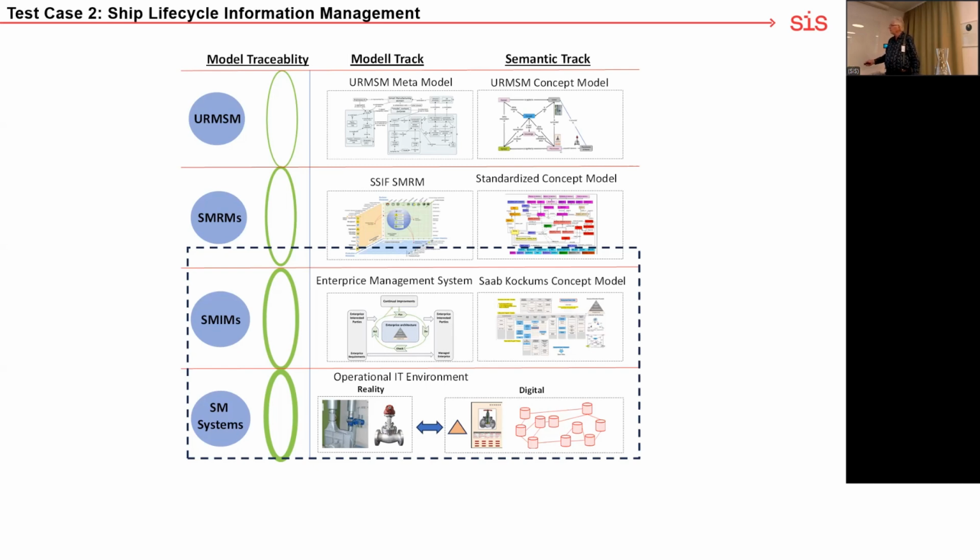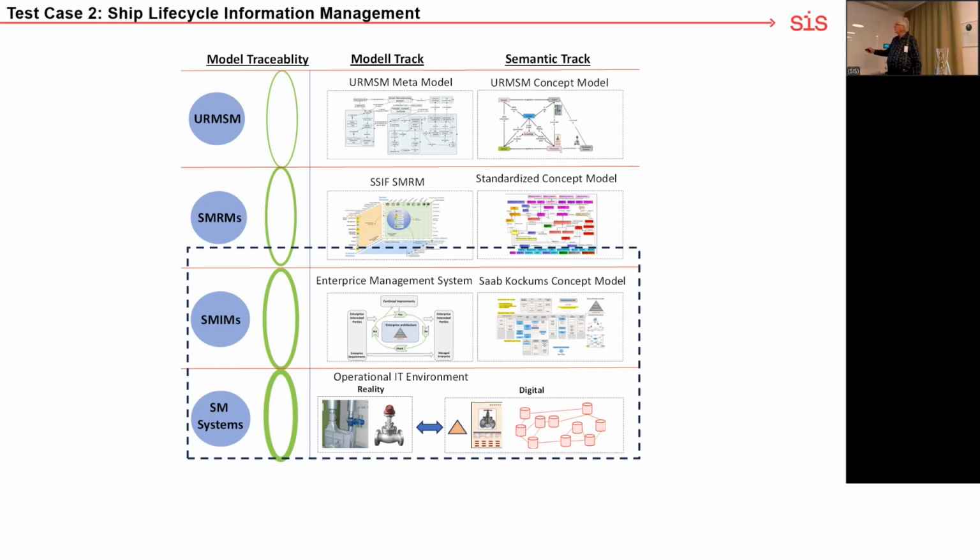At the enterprise level, you have the enterprise management system that takes care of how you work with these different things, for example development models, lifecycle models, and similar. And at the bottom, we have the reality with the operational IT environment and the real software and the real data in the data systems.